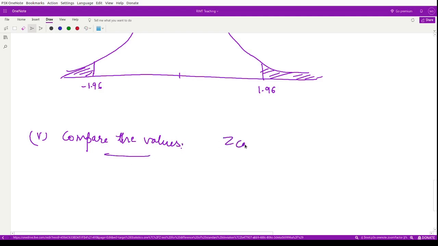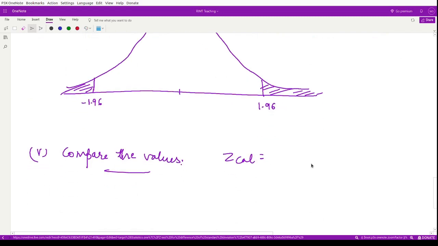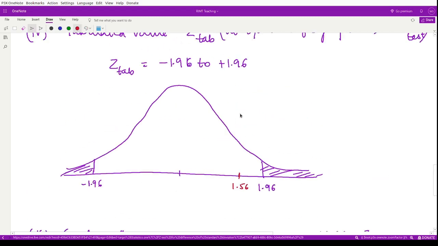So your Z calculated value is how much? 1.56. 1.56, which is less than 1.96, right? Which is the Z tabulated value. So therefore your value 1.56 would be somewhere here. So it lies in the region of acceptance.